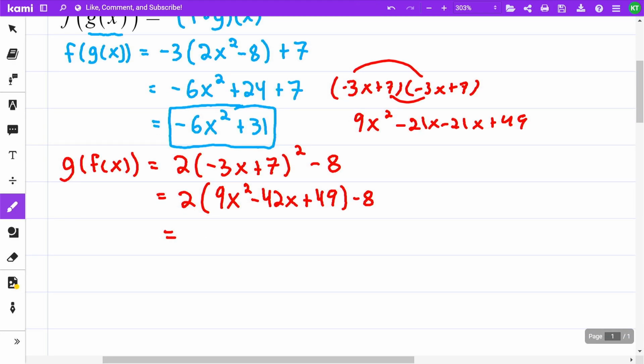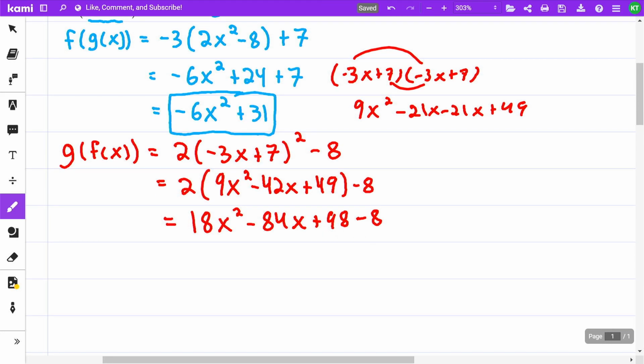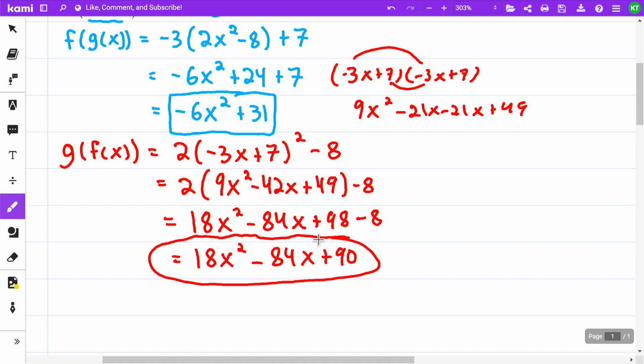So that would actually be equal to 18x squared minus 84x plus 98 minus 8. And then I would just combine my like terms at the end. So that would equal 18x squared minus 84x plus 90. So if it asked you for g of f of x, that would be your answer.